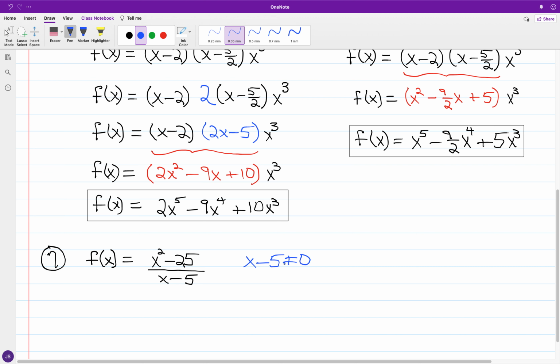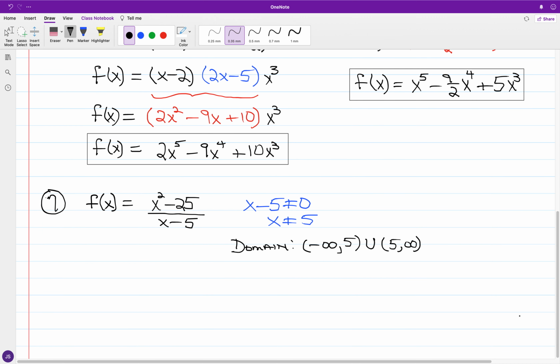So for x minus 5, that cannot be equal to 0, so x cannot be equal to 5. So in the case of the domain, for the first half, we have those values of x less than 5, and for the second half, those values of x greater than 5. So that would be the domain.